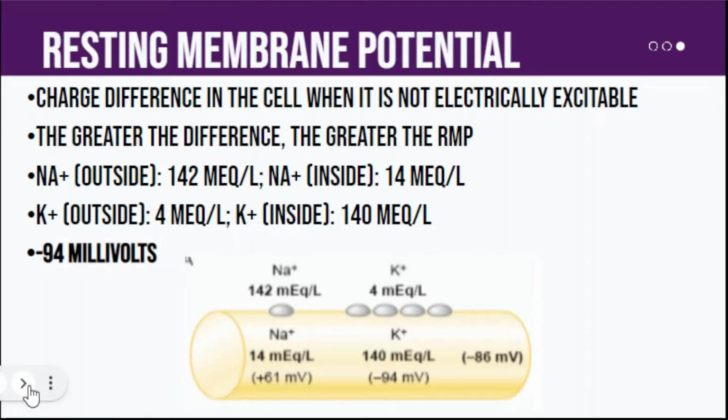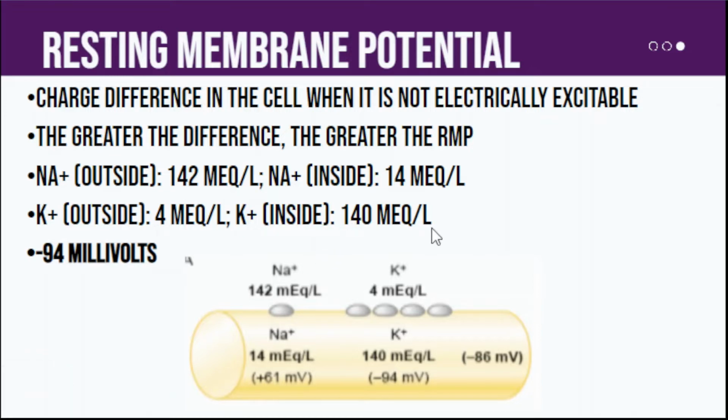Now, let's go to the numbers so that we can better understand. Outside of the cell, there are 142 milliequivalents per liter of sodium, as compared to inside, which only has 14 milliequivalents per liter. So basically, more sodium outside. While your potassium only has 4 milliequivalents per liter outside compared to 140 milliequivalents per liter inside. So when you look at it, sodium outside is just as equal as potassium inside.